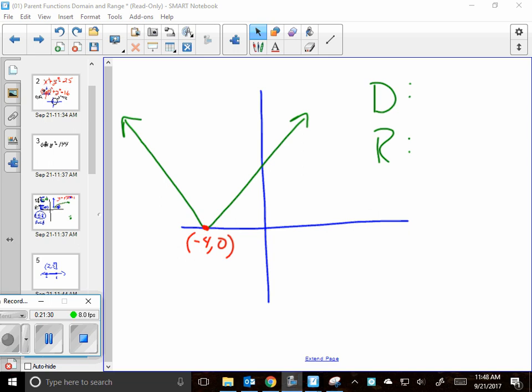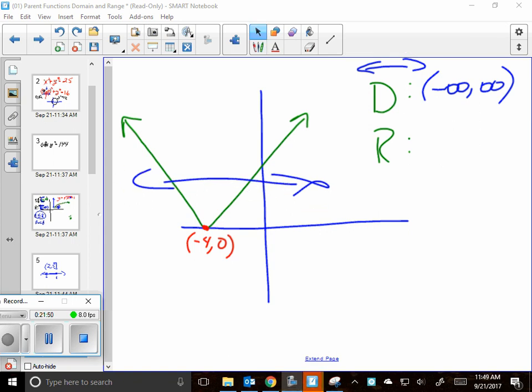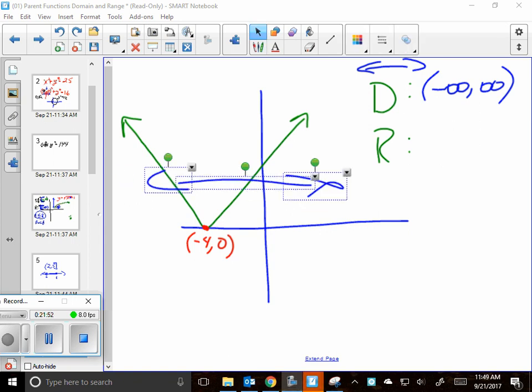Okay, I hope you know domain is this kind of a direction. It's this way. Do you agree this thing goes forever in both directions and therefore would be negative infinity to positive infinity? At least now that you see it, does that make sense to you? Yes. All right. Domain is it goes forever in the x direction. This kind of direction, it goes forever. All right.